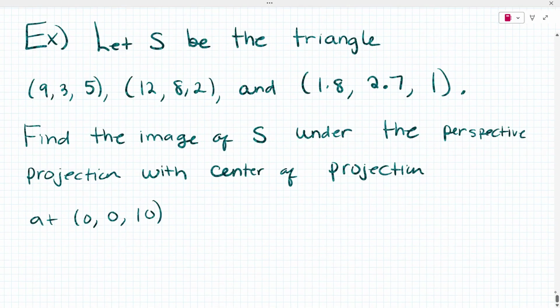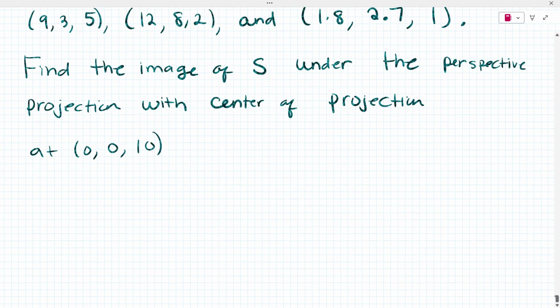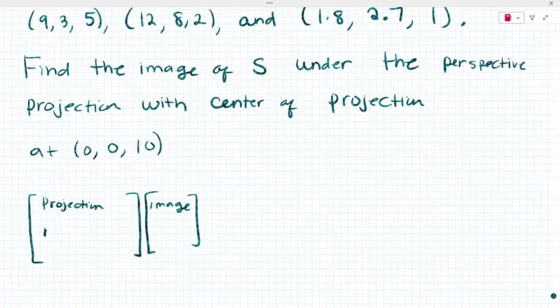Okay, so how would I set this up? You're going to do the image matrix, which was given, and then the projection matrix, and that gives you this. Your image matrix was the coordinates they give us.